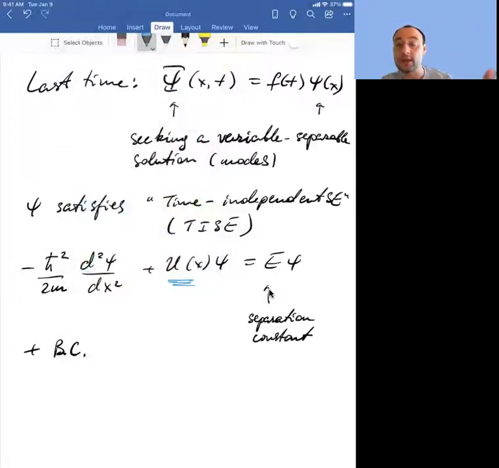U is a potential energy, and potential energy encodes what the particle that we're describing by the wave function is interacting with. So you can have different physical situations, and those mathematically manifest themselves as different U's.